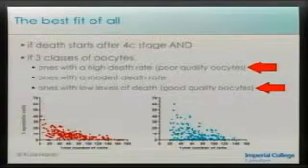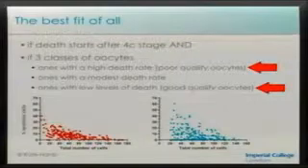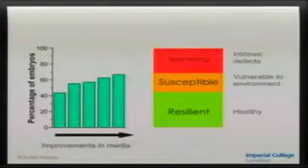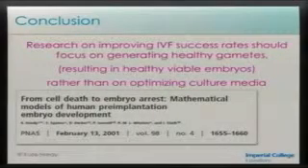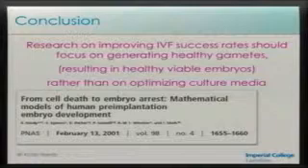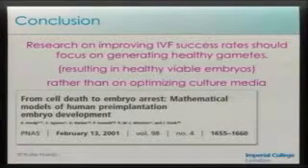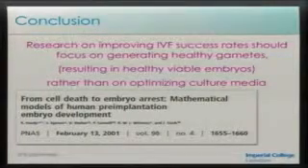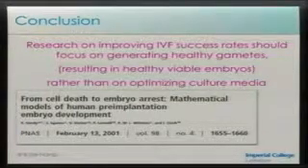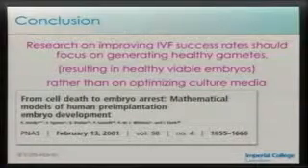And that was very, very unexpected and took us right back to that graph we had with the embryo culture data, that you've got differences in the origin of the embryo, differences in the eggs. And it all comes down, we concluded, to the egg. So I think we published this in PNAS and concluded that research on improving IVF success rates should focus on generating healthy gametes rather than on optimizing culture medium.